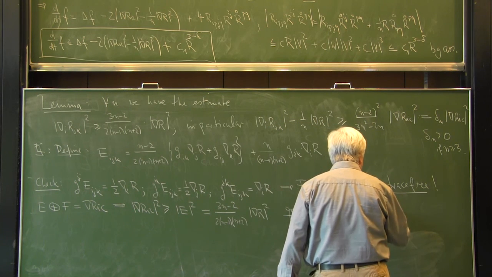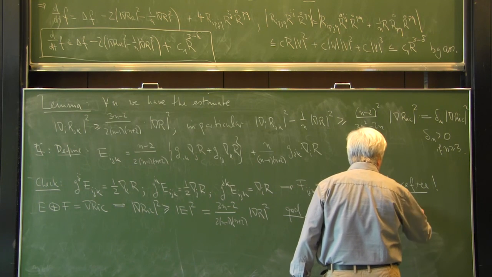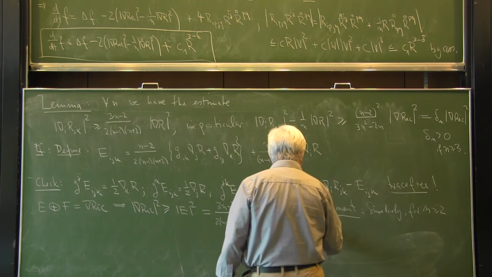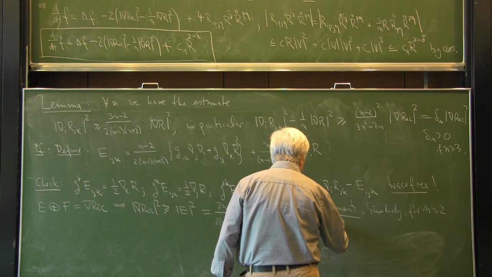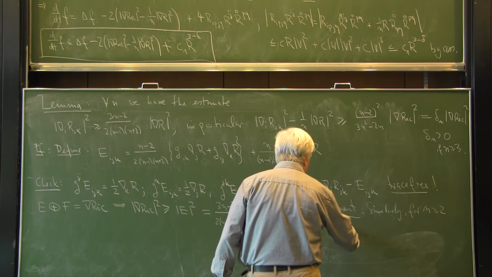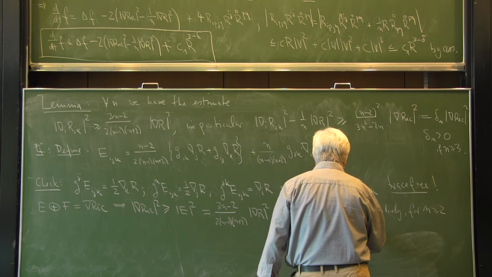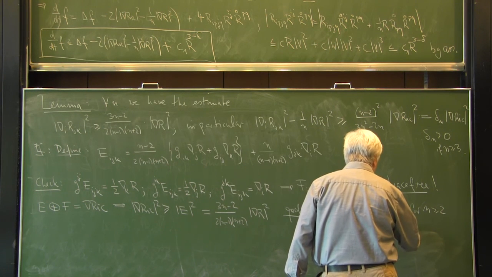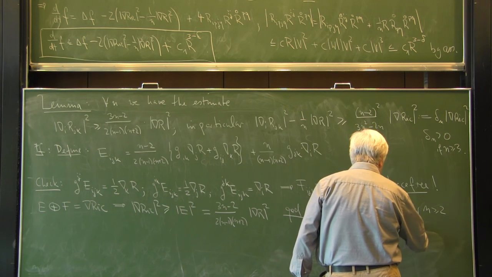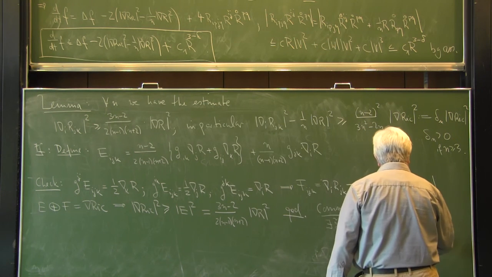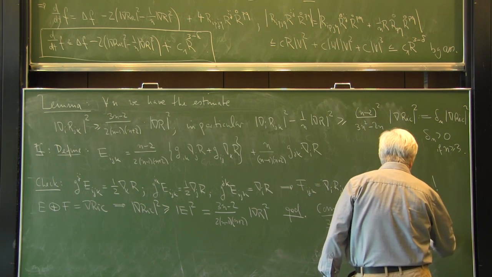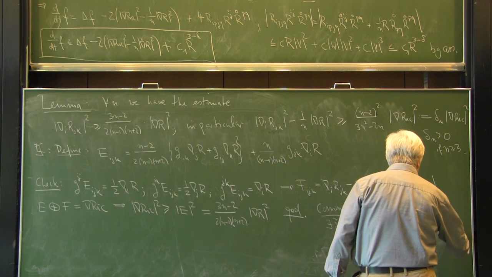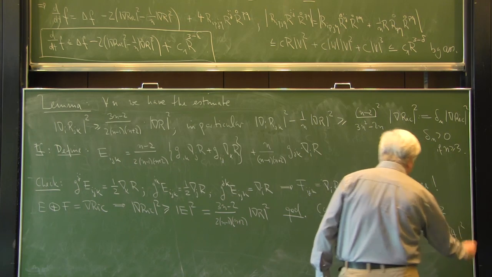Similarly, for n greater or equal than 2, there exists a delta n tilde greater than 0, such that the gradient of the second fundamental form squared minus 1 over n times the gradient of the mean curvature squared is bigger than delta n tilde times the gradient of the second fundamental form squared.